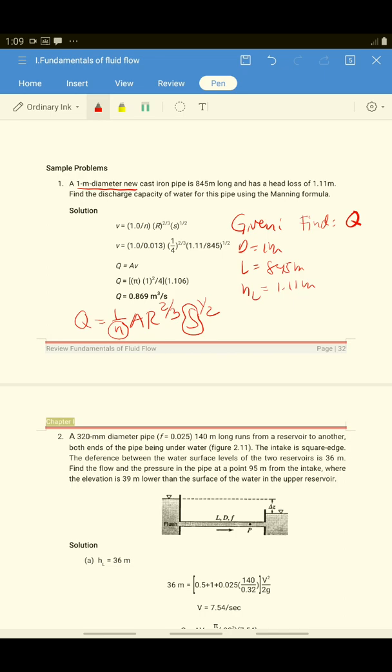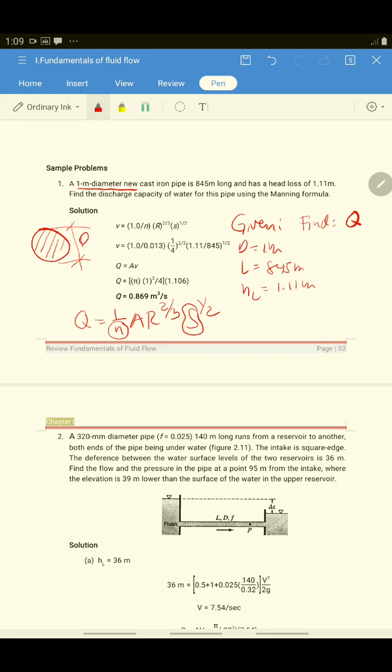Then we will assume that the pipe is flowing full. So that's why the area is just equal to pi d squared over 4. That is the area of the circle, because we are assuming that the pipe is flowing full.